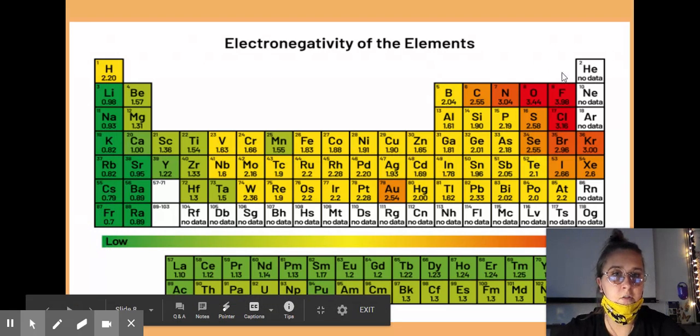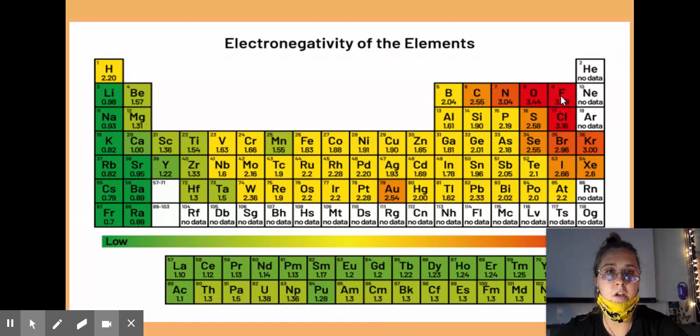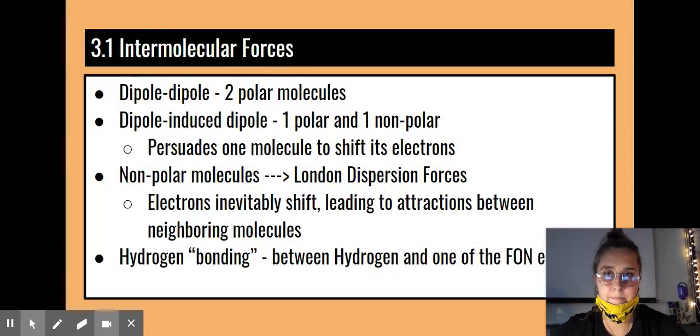And then the element with the greatest electronegativity is fluorine over here in the top right corner. So these are going to be crucial when discussing intermolecular forces, because that electronegativity is going to help determine the polarity of our molecules.